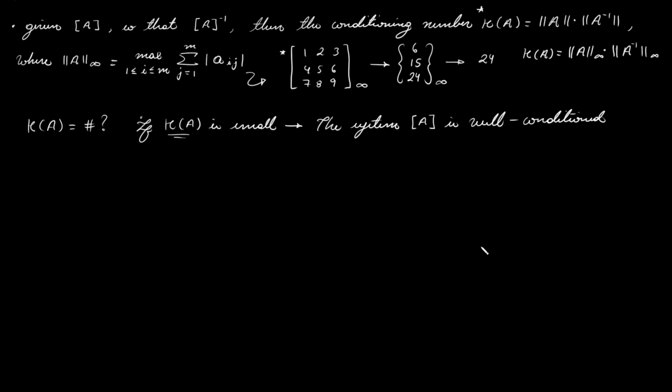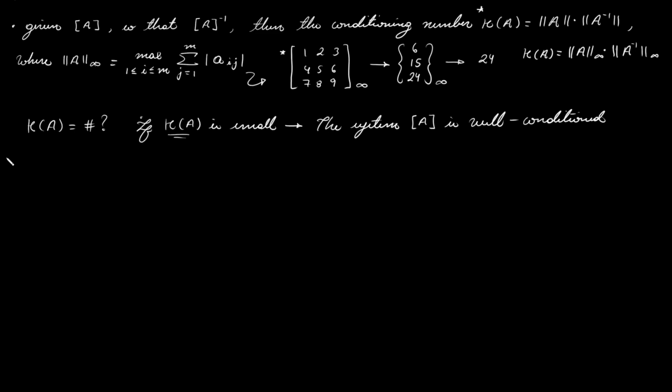The conditioning number is often combined with residuals, and it has the ability of indicating if we're going to obtain small residuals. However, I will not delve too much into that.